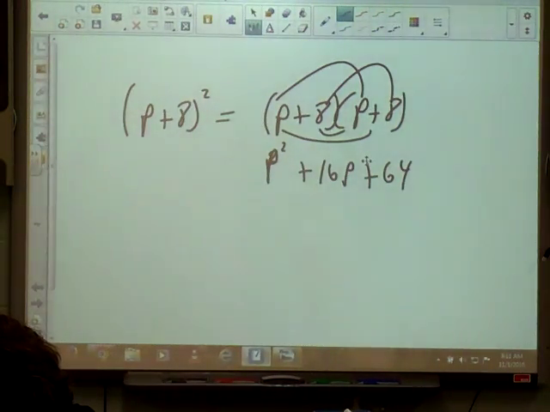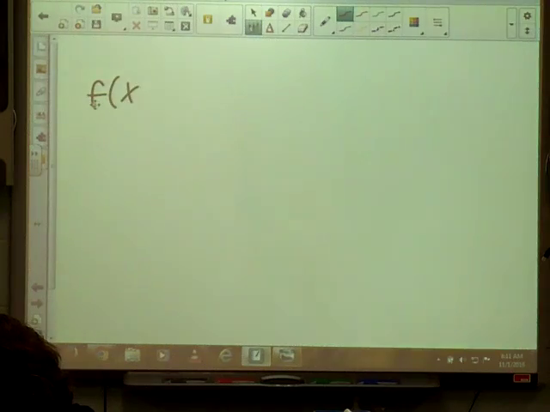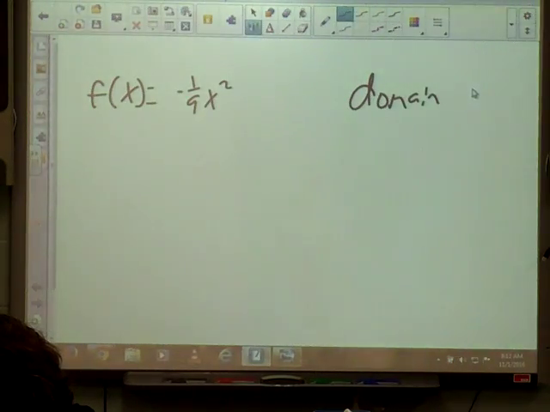Alrighty, 13. Are you ready? 13 gave us f of x is equal to negative 1/9 x squared, and wants to talk about the domain and the range. Remember, if you need to make yourself a note, domain is the x's, that's side to side. Range is the y's, that's up and down.